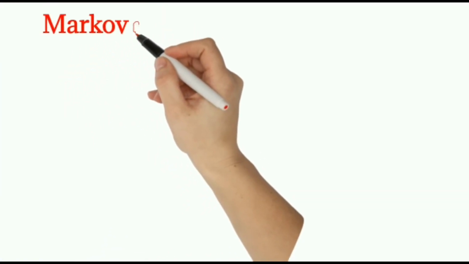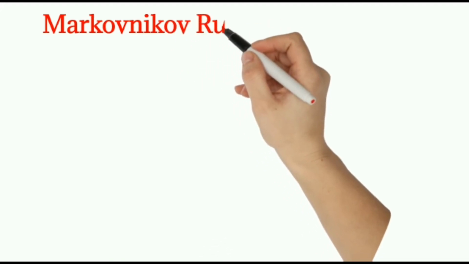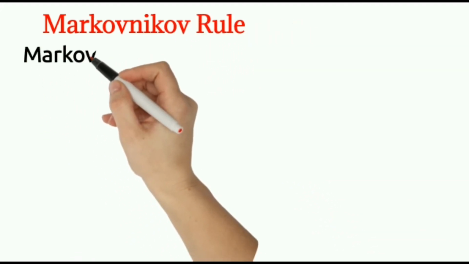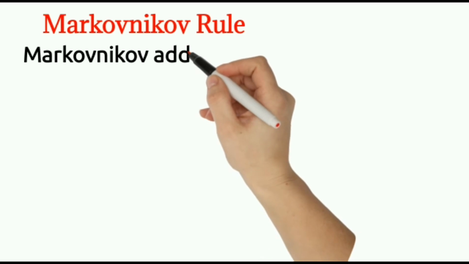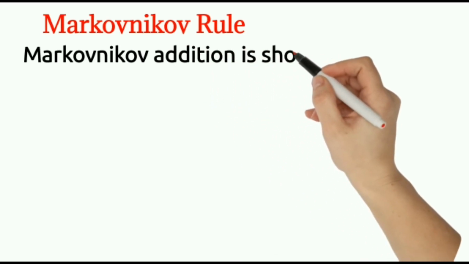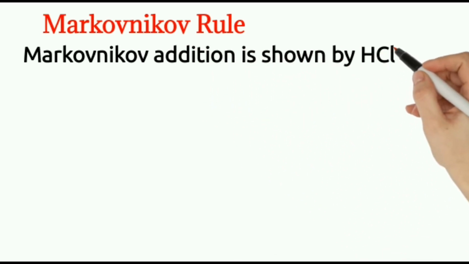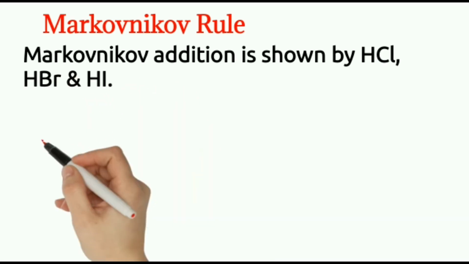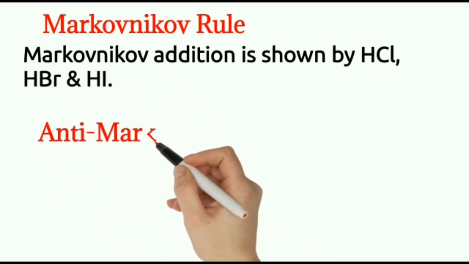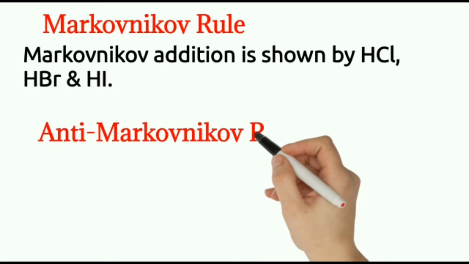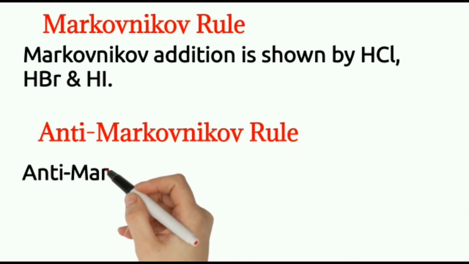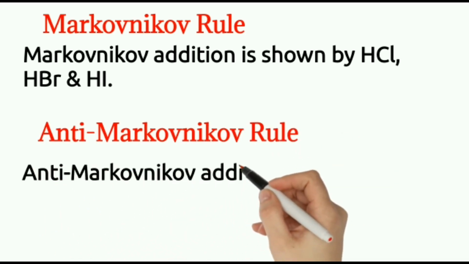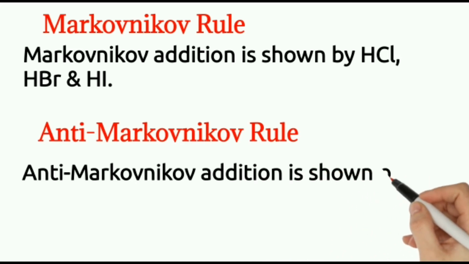Now, the fourth difference, Markovnikov's addition reaction is shown by HCl, HBr and HI, while anti-Markovnikov's addition reaction is shown by HBr only.